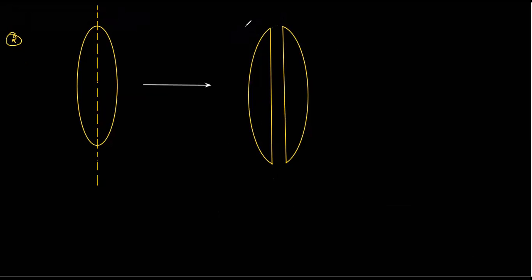Now here, this is lens 1, this one is lens 2. This lens will have focal length f1, this will have focal length f2, but as these two are equal, this is also having the same focal length, that is f1 only.